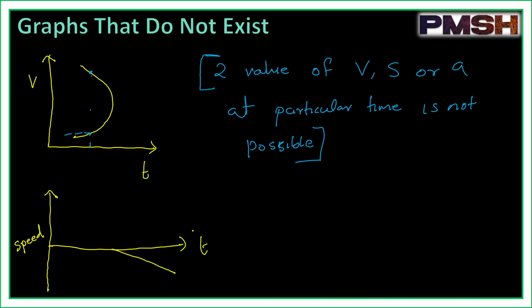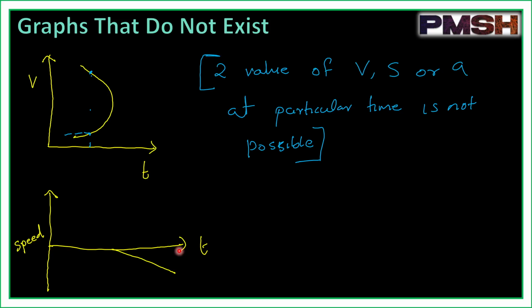This graph is not possible. Why? Speed is a scalar quantity. And the graph shown here is negative. Can a scalar quantity be negative? Can speed be negative? No.